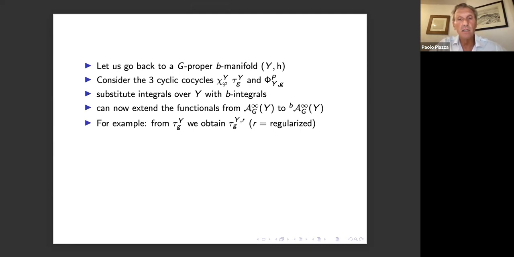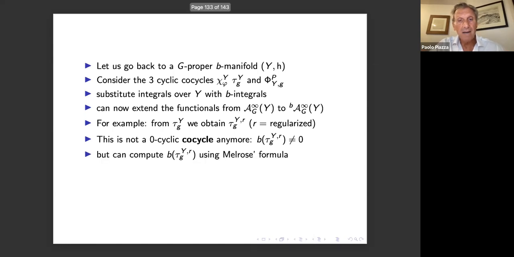For example, we can do that for the orbital integral. And then in that way, we obtain a functional, but of course, this functional will not have the b differential equal to 0 because it's not a trace. But we can use Melrose's formula to compute this differential.